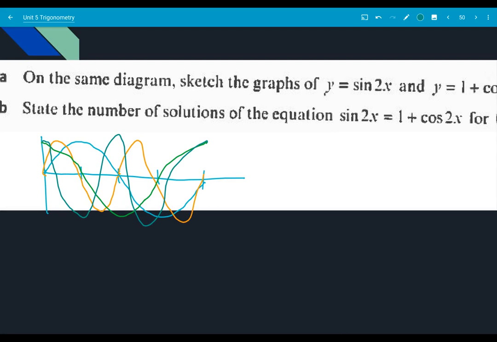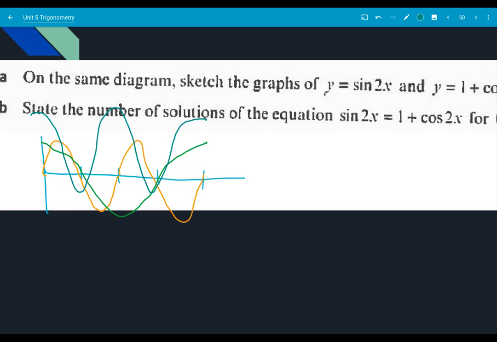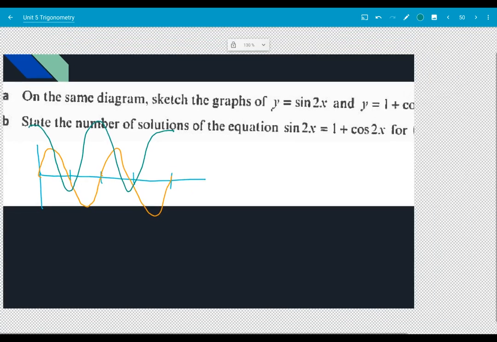So I've got to shift it up 1. So I don't need that one. Don't need that one. Don't need that one. So those are the 2 functions, roughly speaking.